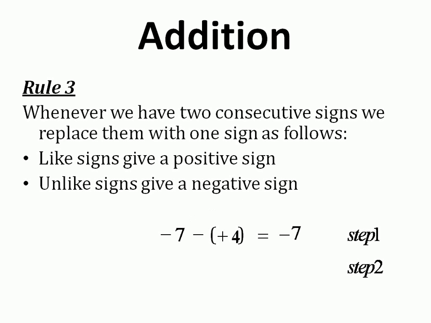The signs are therefore different. We are going to replace that bunch of signs with a negative sign. Now we are on the other side with negative 7 minus 4.